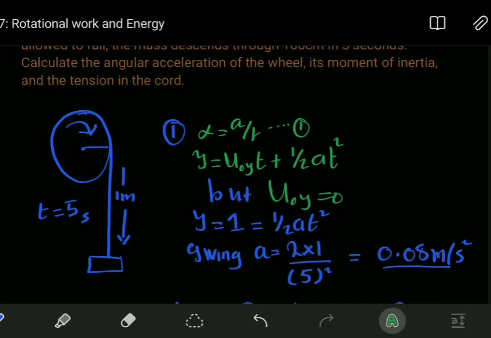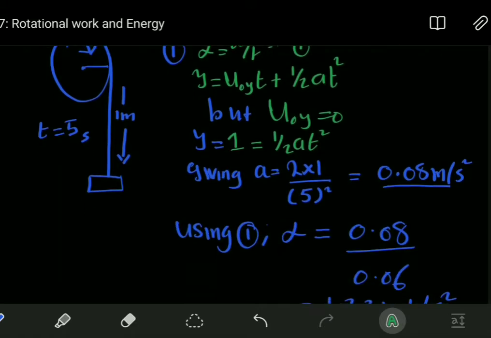Therefore y equals half a t squared. With y being 1, we have 1 equals half a t squared. We know the time also, it's 5 seconds. With this, we can find the acceleration as a equals 2 times 1 over 5 squared, giving us 0.08 meters per second squared.